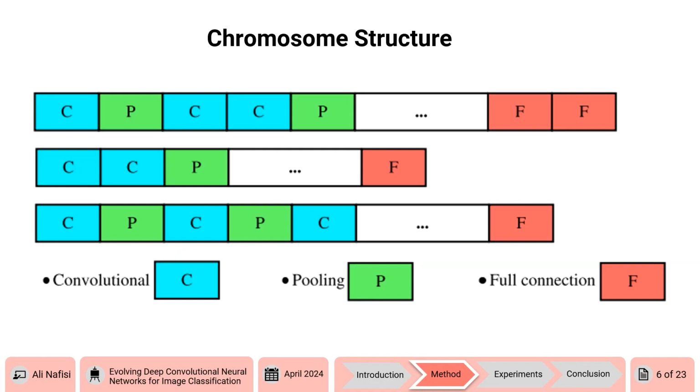There may be actually a convolutional layer followed by a pooling layer, and after that a convolutional layer. Everything is random. The only thing that is not random here is that we can't have a fully connected layer before a pooling layer or before a convolutional layer. So we have a sequence of convolutional and pooling layers. After that we have one or more fully connected layers.